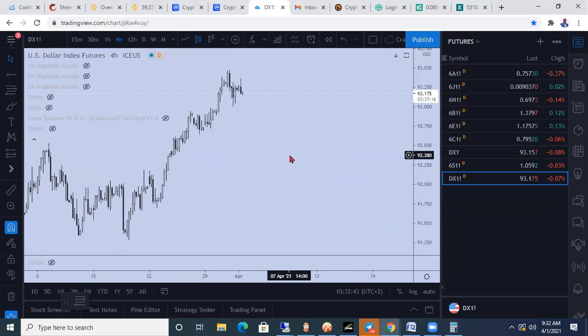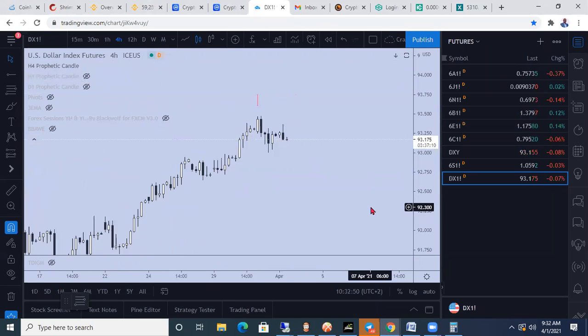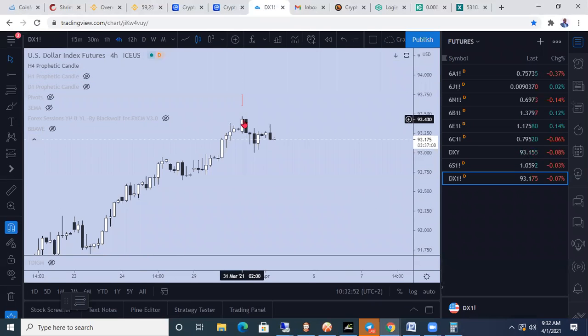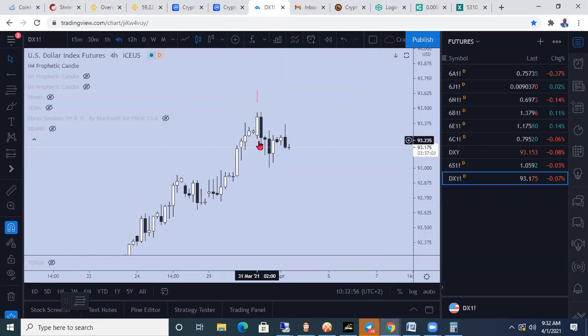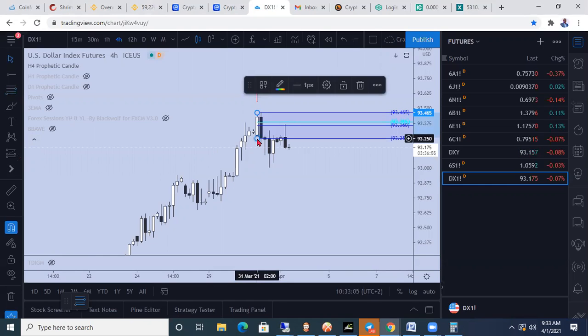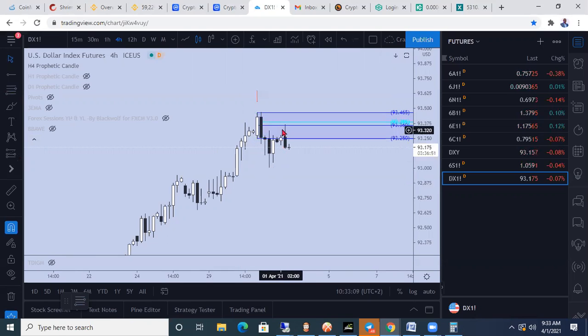So when we look at the DXY, you could use just the same principle. Call up your H4 prophetic candle, right? And see, your H4 prophetic candle just told you that you should be expecting bearishness of DXY. Again, you see the breakout, you see the retest to preferred entry, and then price is dropping.